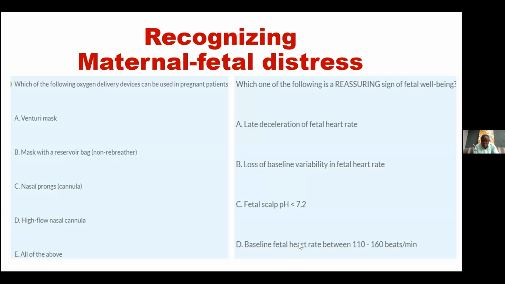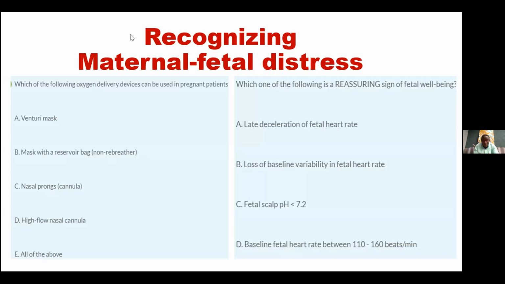Because when you choose one and exclude others, it seems like you are prescribing nasal prongs or high flow nasal cannula. But all of those can be used depending on the level of hypoxia. So all the above, depending on the patient.